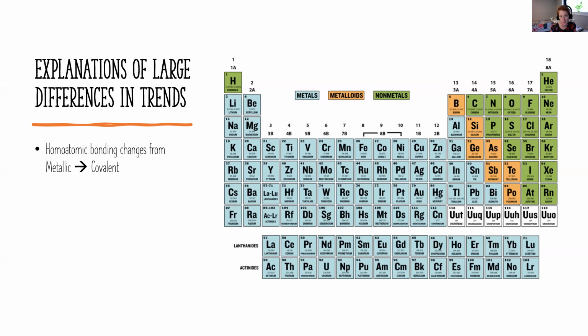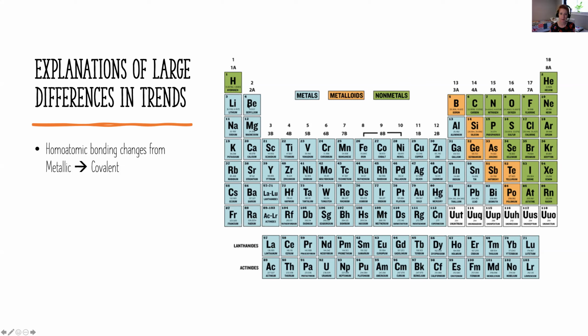The alkali metals here are all metallic bonding, and we get metallic bonding all through here, and then you have some metal-like bonding and some covalent-like bonding. Then in this part of the periodic table, these are your nonmetals where you get covalent bonding. So all of the halogens have covalent bonding.